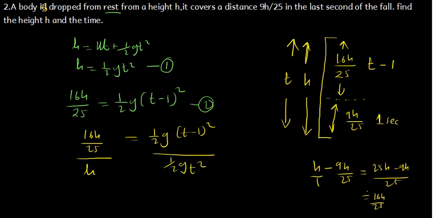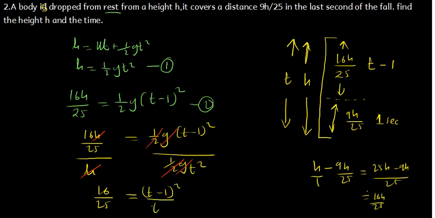What is appearing on both sides? We can see height, and that height is going to cancel out. The half cancels out with the half. The g also cancels out with the g. So we're just going to remain with 16 out of 25, and that is equal to t minus 1 squared divided by t squared.